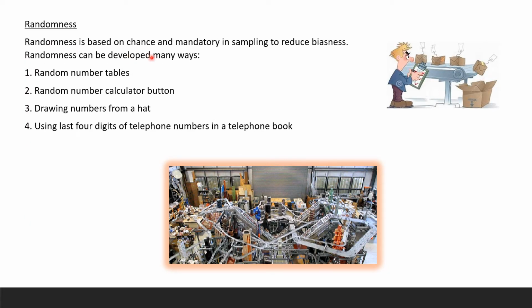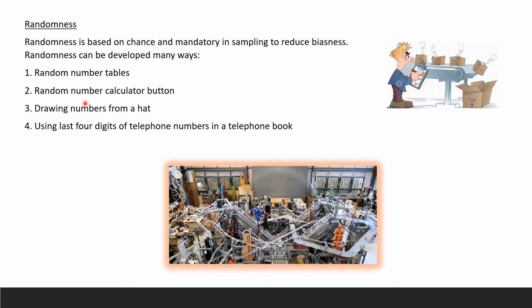Randomness is based on chance, and it is mandatory in sampling. Why is it mandatory? Because we have to reduce the bias. If you have bias in your data, it is not going to be good; it will be completely leaning to the left or right. Randomness can be developed many ways. The first one is random number tables.